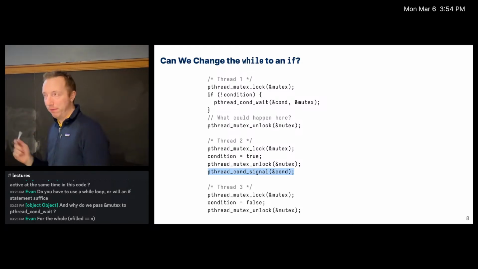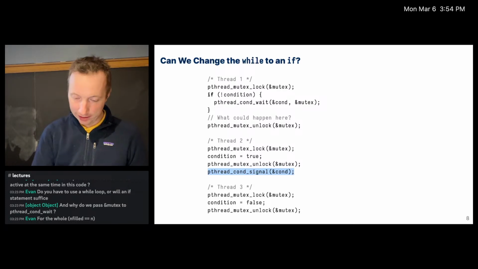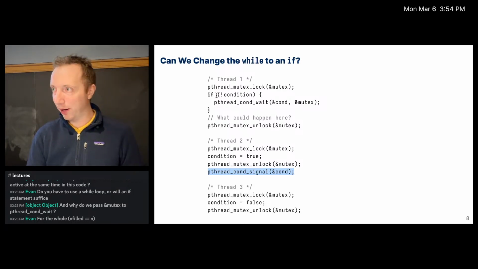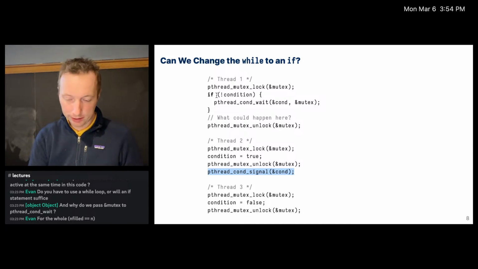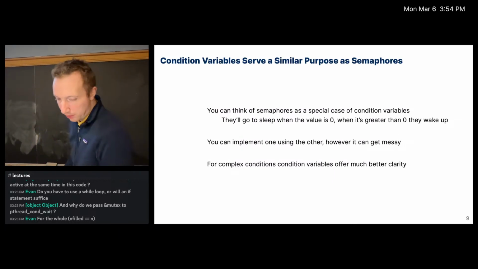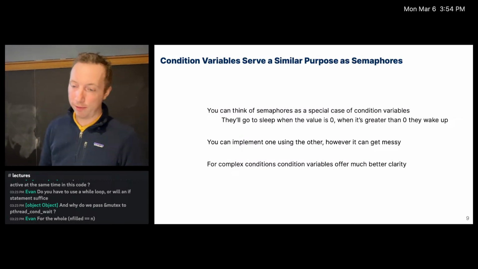There's only very few scenarios where if is okay. Generally, make it a while if the condition goes back and forth, and make sure you read the most up-to-date thing. And that's data races in a nutshell. So they serve a similar purpose to semaphores.